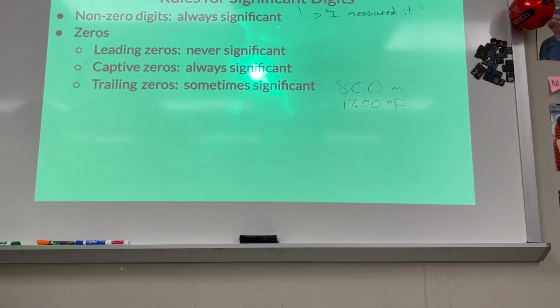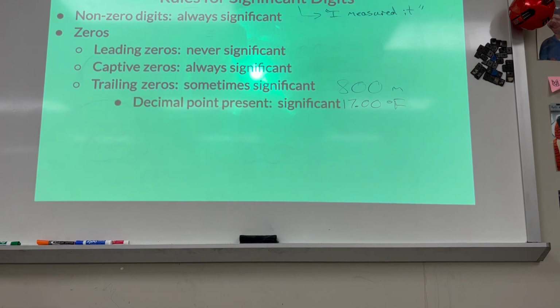Yes? Aren't those to show like what ruler you used? Sometimes, sometimes not. It depends. Let me explain, okay? The way we communicate this is by putting a decimal point or not putting a decimal point. It's that simple. So this is not a math thing, this is just a communication thing of how we write things down.